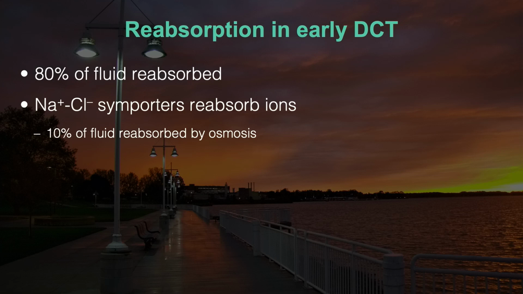Aldosterone is a hormone that I'll refer to coming up when we talk about hormonal regulation again, that can accentuate this activity. Normally, sodium and chloride move in, and then 10% of what's left will be reabsorbed.